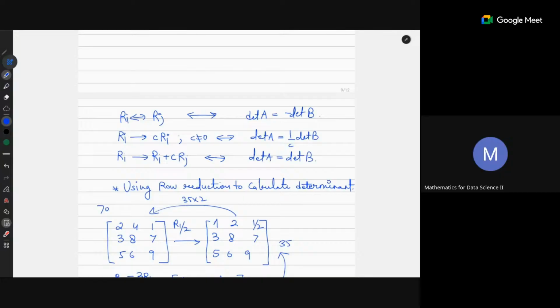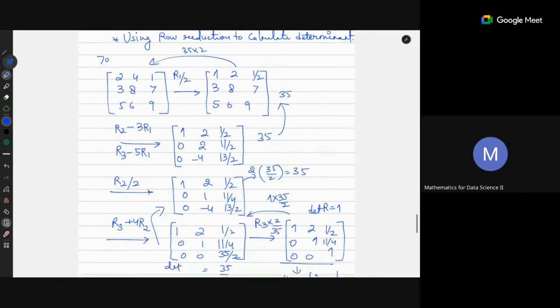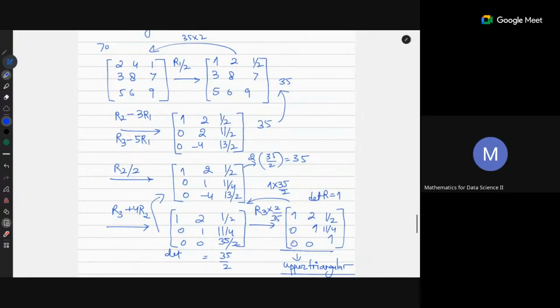So you can convert your matrix into an REF form, and then trace back the determinant.